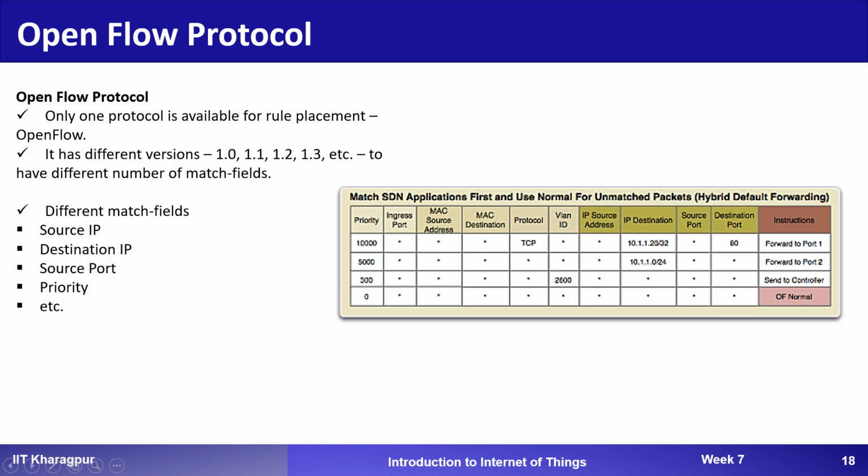For example, the fields can be your source IP, destination IP, source port, priority, or others also, for example your ingress port, your ID, then your instructions. So depending upon these values, it is decided how your data should flow from your sender to your receiver.